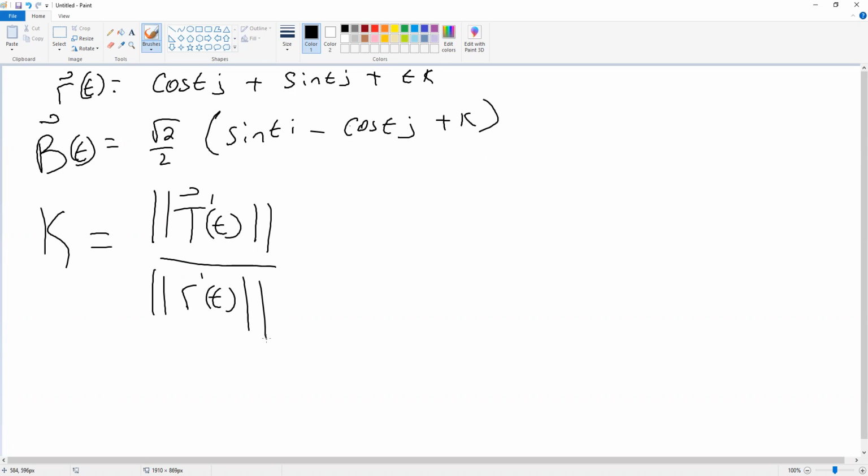Perfect, so we have this and this. So that means it should be root 2 over 2 divided by, what was the magnitude of r prime of t? It was just the square root of 2, right? Okay, so this curvature seems to be one half then, right?